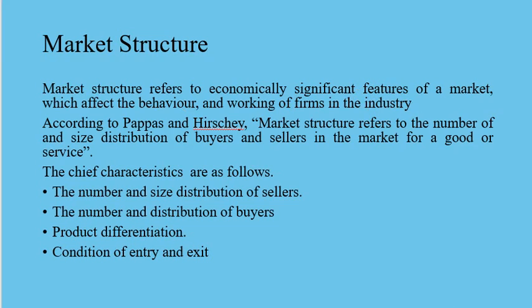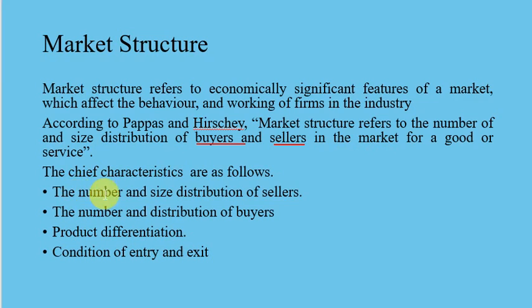According to Purpose and Hershey, market structure refers to the number and size of the buyers and sellers. How many buyers are there and how many sellers are there in the market for a good or a service.